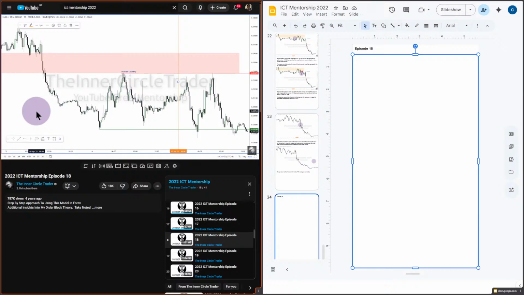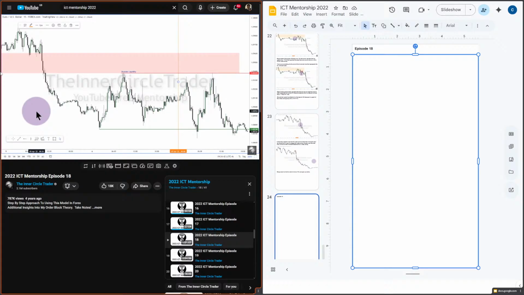Just the reason why we haven't made any notes: two reasons. One, he's going through things that I already know, for example, setting up how you annotate your chart. This comes with experience. I already have it. It's nothing new that he said that I don't have access to or knowledge of. I haven't written anything down because he's going over what he's already said, from finding the daily bias.